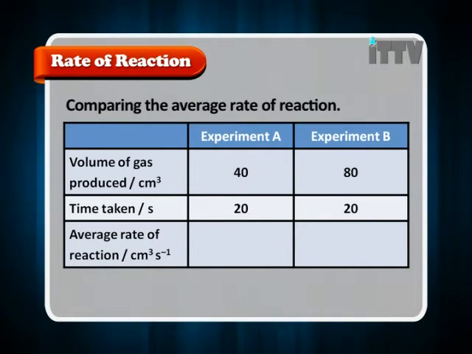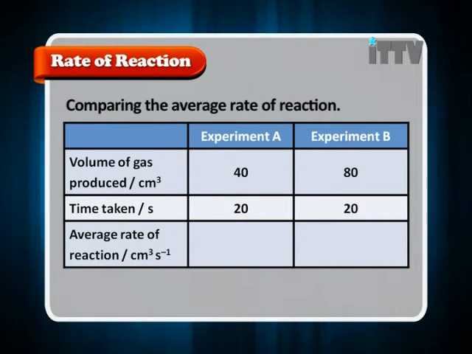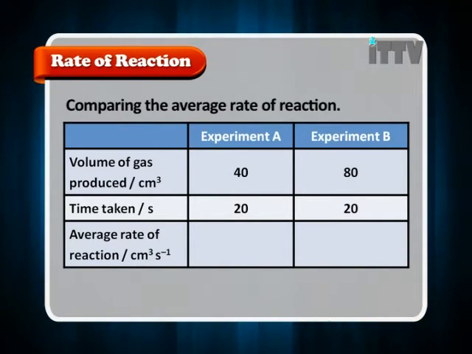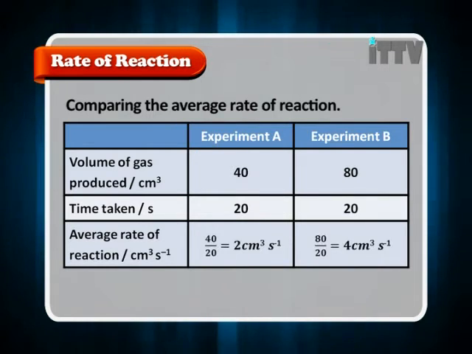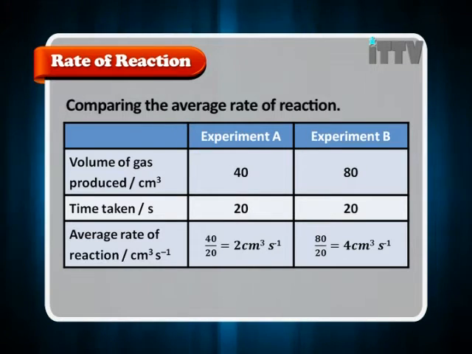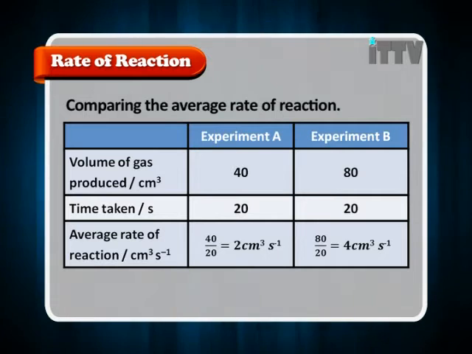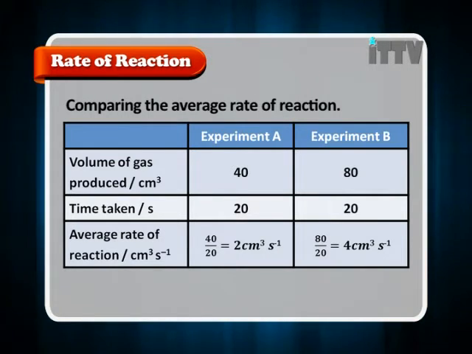To calculate the average rate for experiment A, we take the volume of gas produced and divide it by the time. So for experiment A, we get 40 divided by 20, which gives us 2 cm³ per second. In experiment B, we get 80 divided by 20, and the average rate of reaction is 4 cm³ per second.